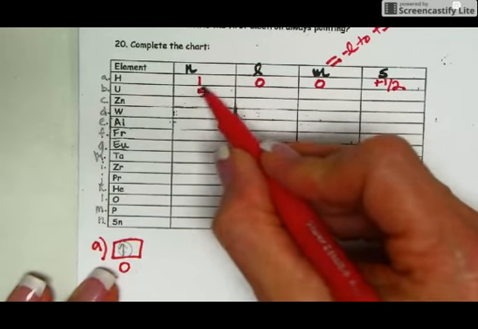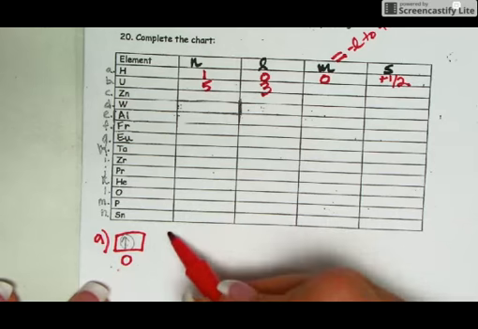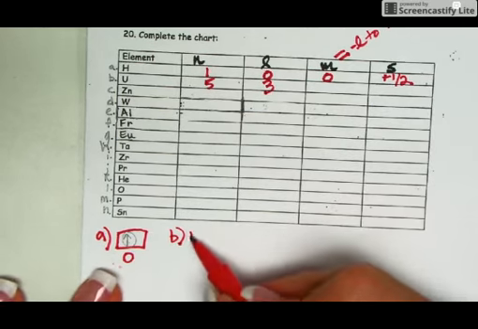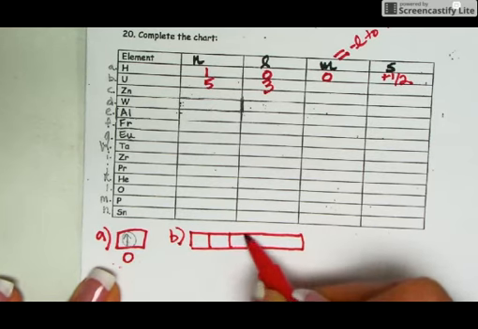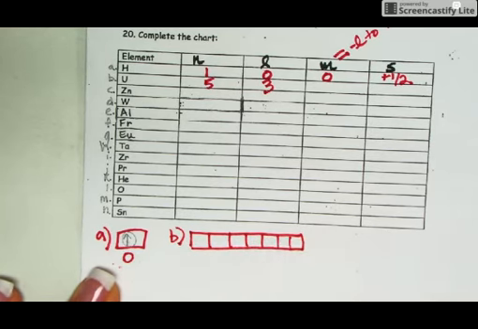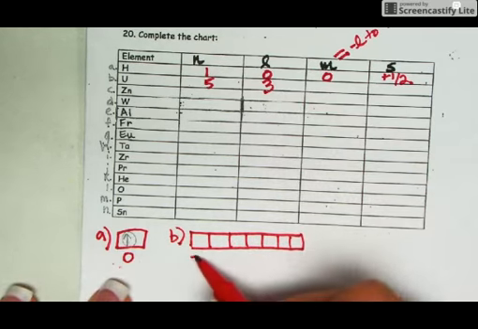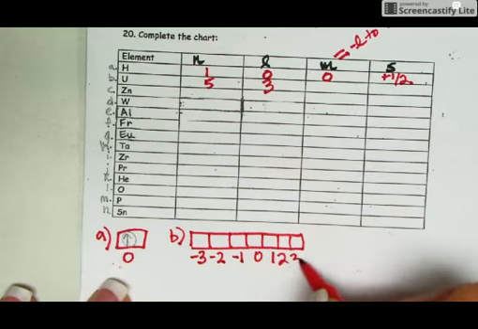Now for M, we're going to draw our boxes. For the F's, you can draw 7 boxes. Then you want to number your boxes from negative L to positive L. L was 3, so we go negative 3, negative 2, negative 1, 0, 1, 2, and 3.